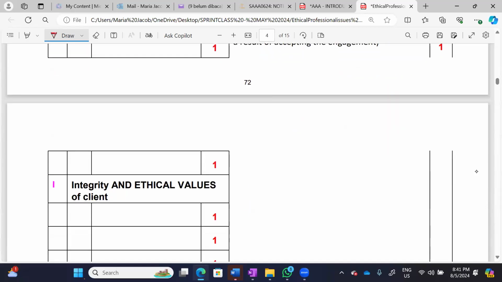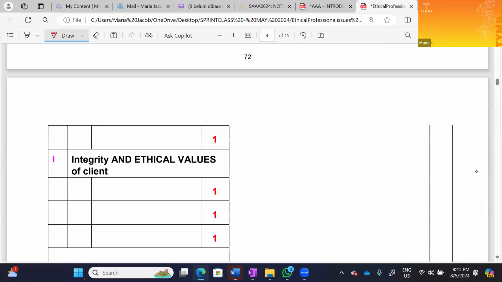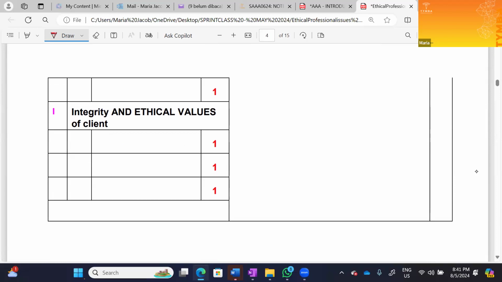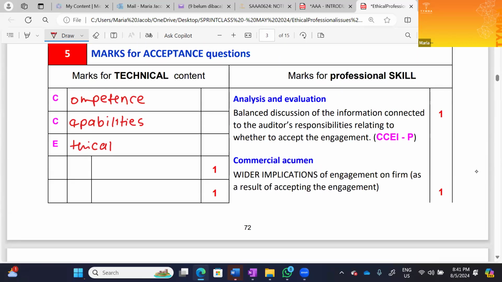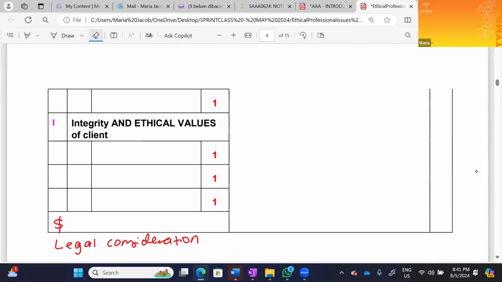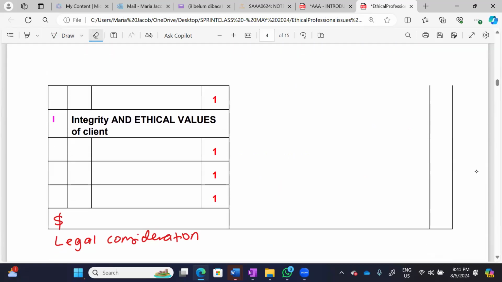I is integrity and ethical value of the client. And you might also want to see the money side, the commercial consideration, and also the legal consideration. So apart from all this CCEIP, where's P?